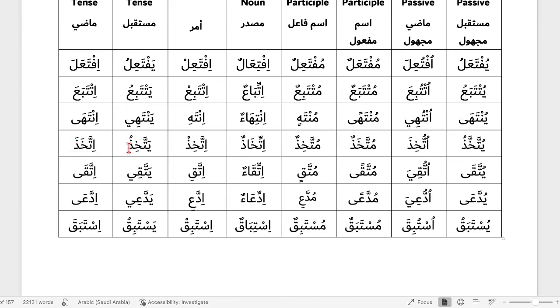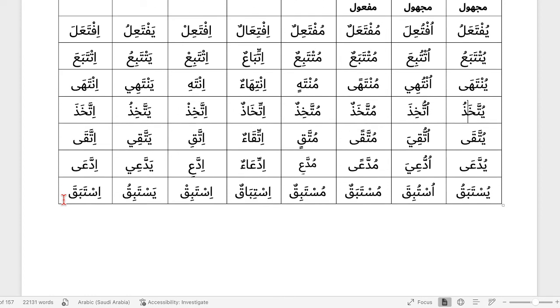Another one. Ittakhaza, yattakhizu, ittakhiz, ittikhazun, muttakhizun, muttakhazun, uttukhiza, yuttakhazu. Ittaka, yattaki. Amar is ittaki, ittikaun, muttakin, muttakan, uttukiya, yuttaka.